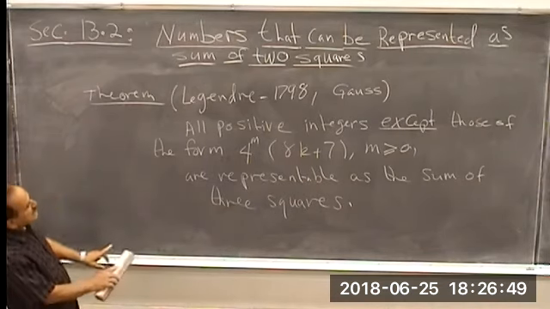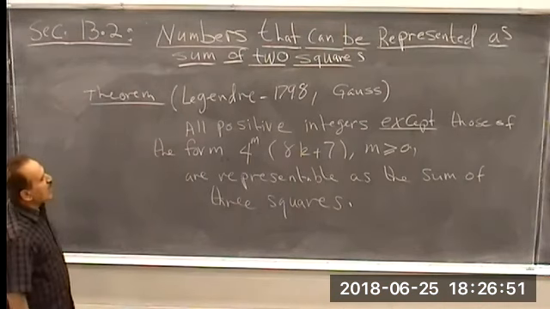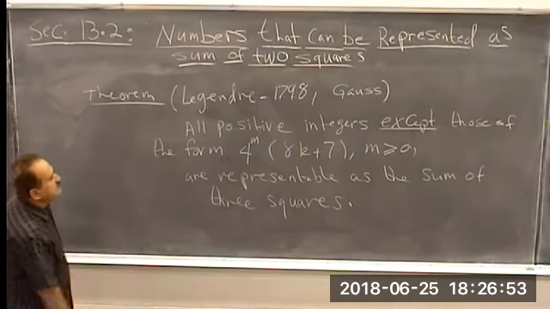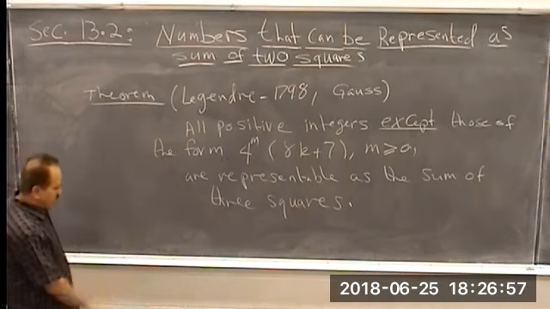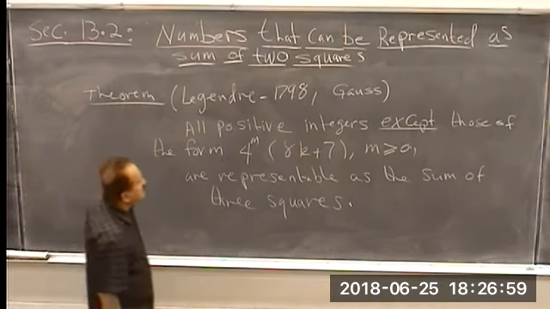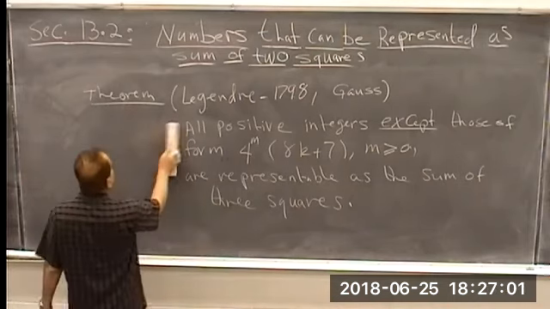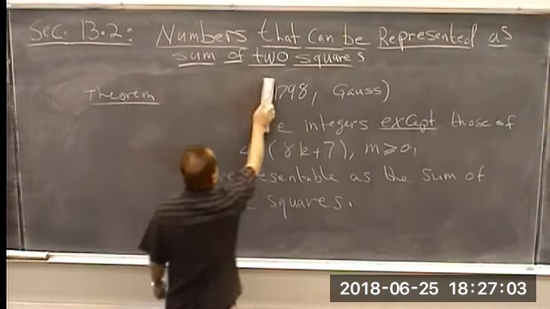However, I'm going to present an elegant proof that all numbers can be represented as a sum of four squares. This theorem is referred to as Lagrange's theorem.